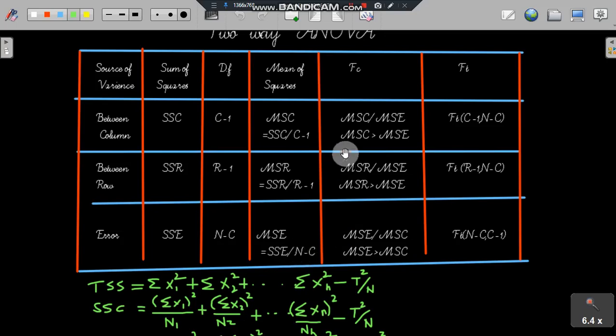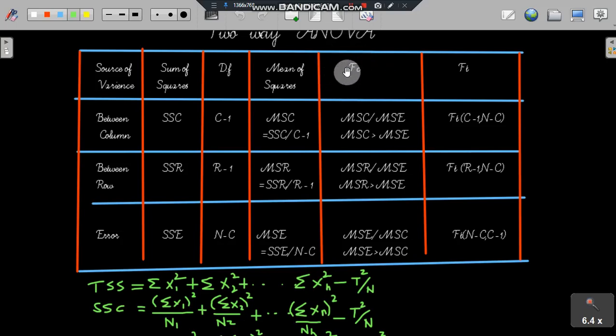We write MSC in the numerator and MSE in the denominator when MSC is greater than MSE. If MSE is greater, then MSE comes up and MSC comes down. That value is FC.